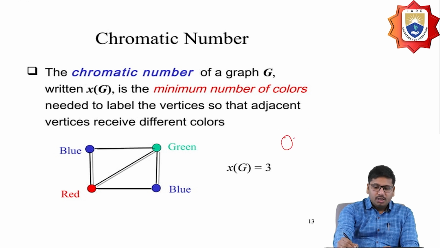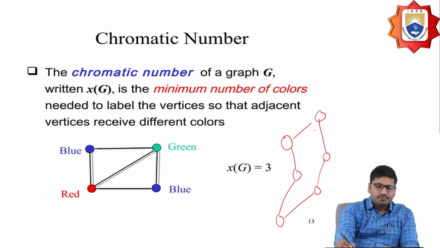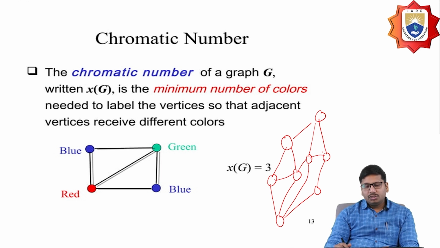So consider a graph. In this graph, I want to color the vertices in such a way that the minimum number of colors is required. That should be the chromatic number.